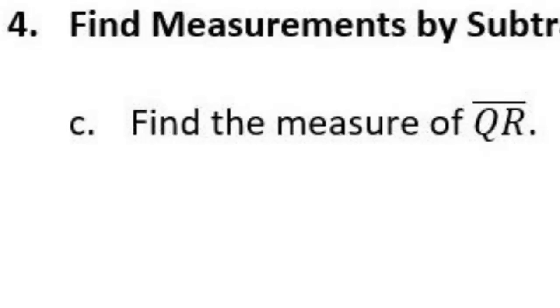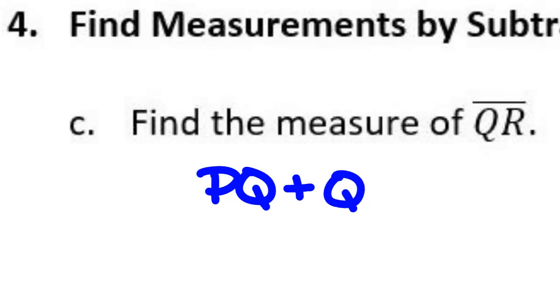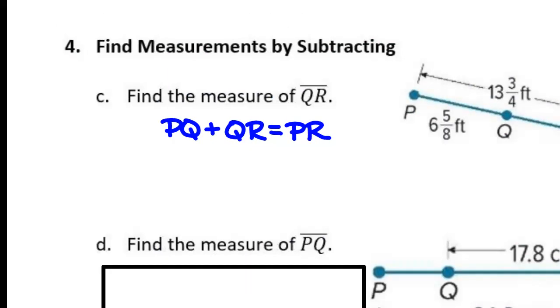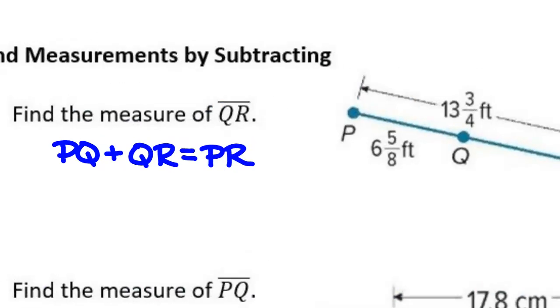Those are our measurements. Just what are the names of the segments, though? Give me P to Q. So PQ is one of my segments. Close. PR is my biggest segment. QR. PQ plus QR gives me segment PR.